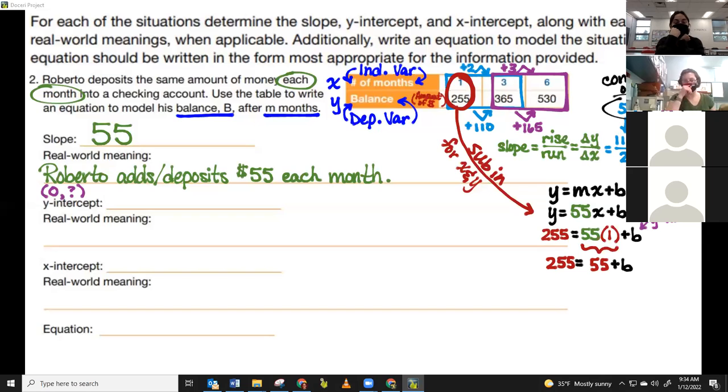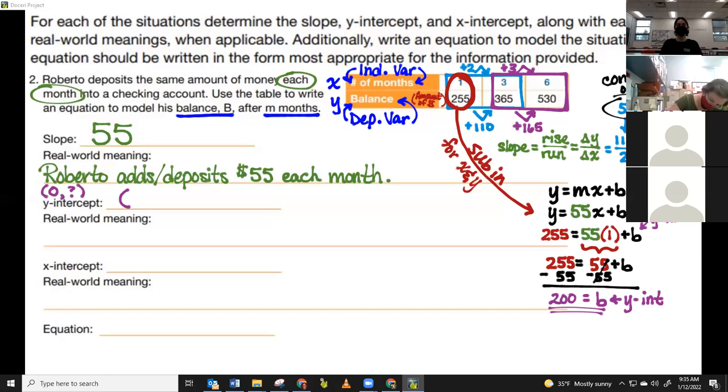Subtract. What am I subtracting? 255 minus 55. And so that means B, my y-intercept, is how much? 200. There we go. So that's the other part of my ordered pair. So now I can come back here and I can say 0, 200.